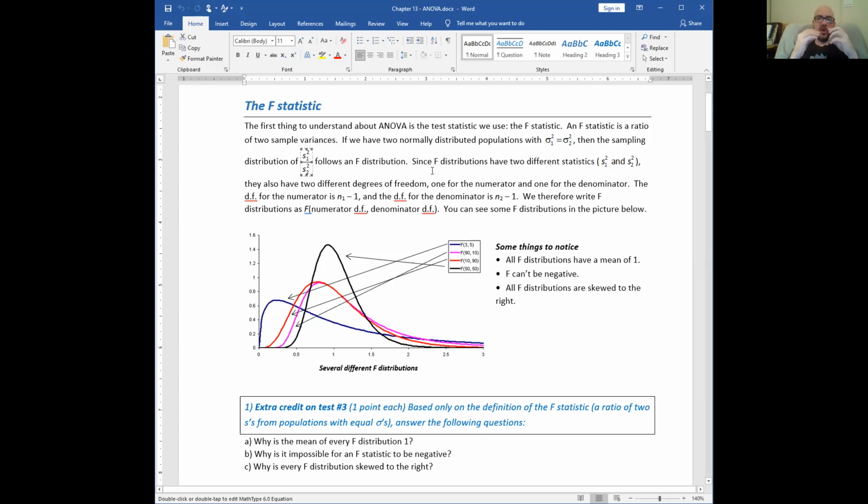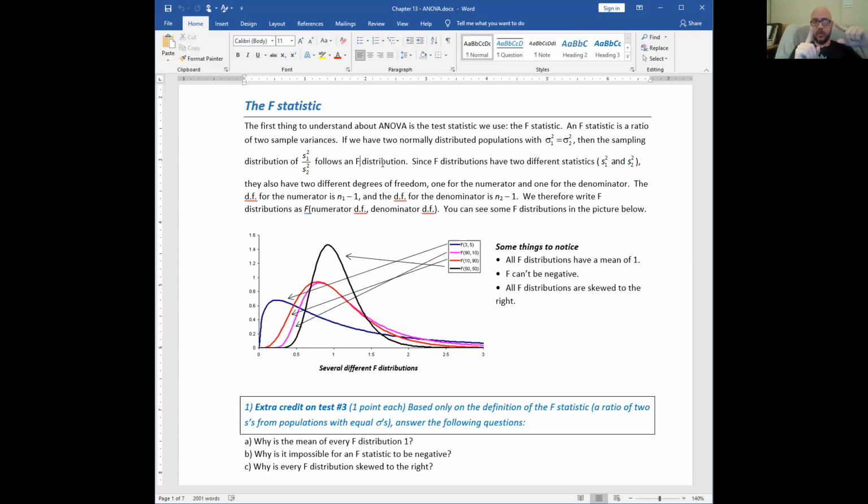The distribution of all the possible combinations of S1 squareds over S2 squareds gives you an F distribution. So that's what an F statistic is. It's just a ratio of sample variances from two different populations that are assumed to have the same population variance.